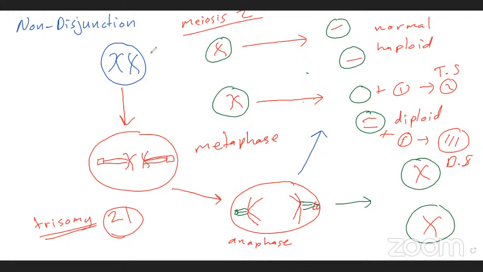So 2 is normal. All right, right? This is trisomy. So when you hear trisomy 21, the 21 is referring to the chromosome number.